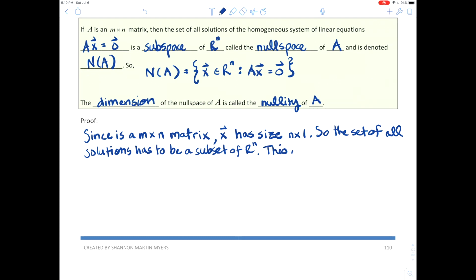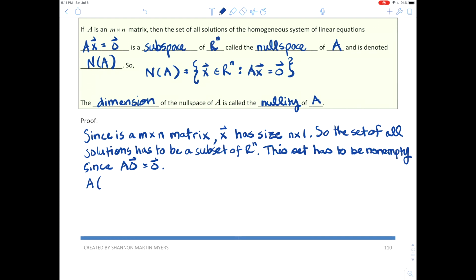And what do we also know? This set has to be non-empty, since the trivial solution always works, right? A times the 0 vector is equal to the 0 vector. All right? So we have a non-empty subset. So we have to show closure under addition and scalar multiplication. Well, let's check it out.